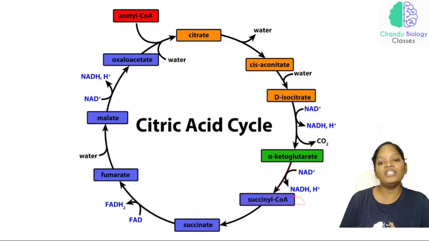Whenever it converts from alpha ketoglutarate to succinyl CoA, another NADH has been produced. This is very important. Now succinyl CoA has been converted to succinate with the help of succinate CoA dehydrogenase. We are going to discuss the enzymes in the upcoming slides. I didn't want to dump all the information in one slide itself, so that's why I have separated the entire cycle.